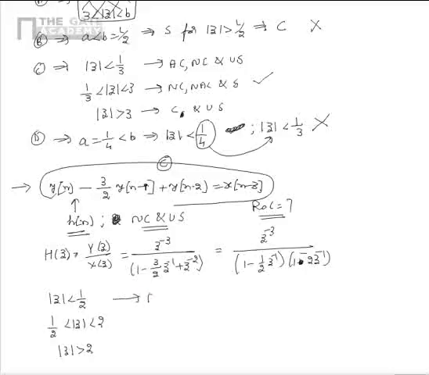In case 1, the system is anti-causal, non-causal, and unstable. In case 2, the system is non-causal and stable. In case 3, the system is causal and unstable. From this, as the system is non-causal and unstable, |z| < 1/2 is the ROC of the given LTI system.